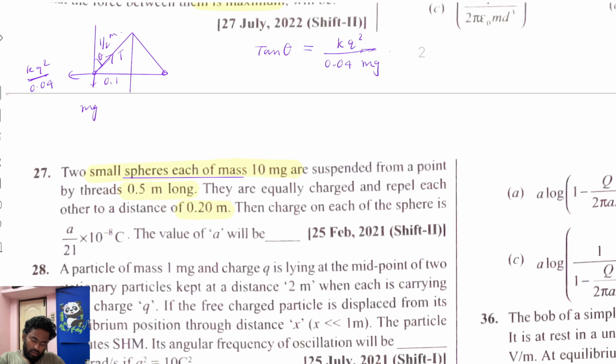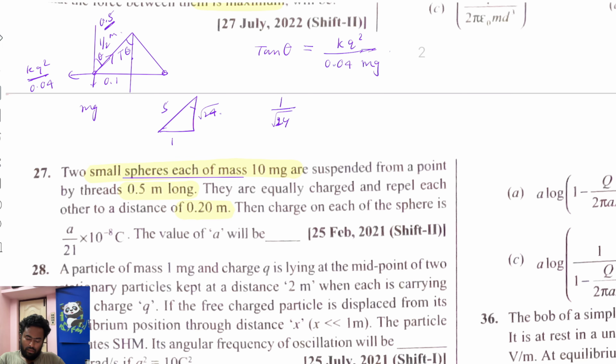Now see, this angle is theta, this angle will also be theta. So this is 0.5, this is 1. In terms of ratio, we can take this one to be 1, this one is 5, so this one will be root 24. So tan theta will be 1 by root 24.